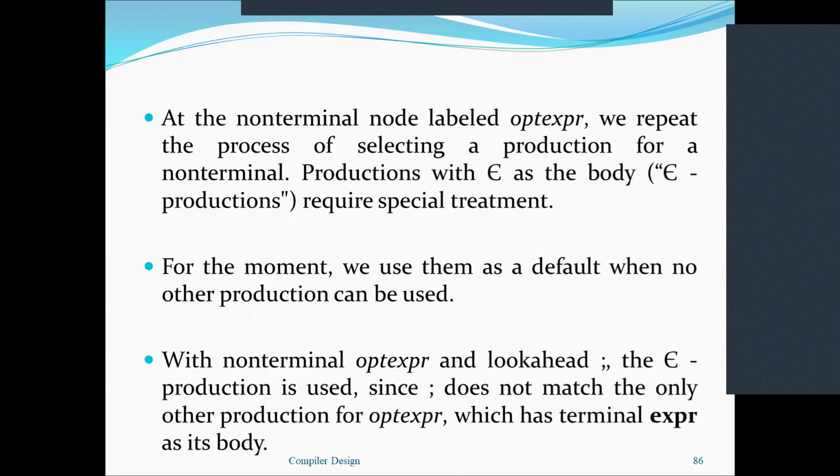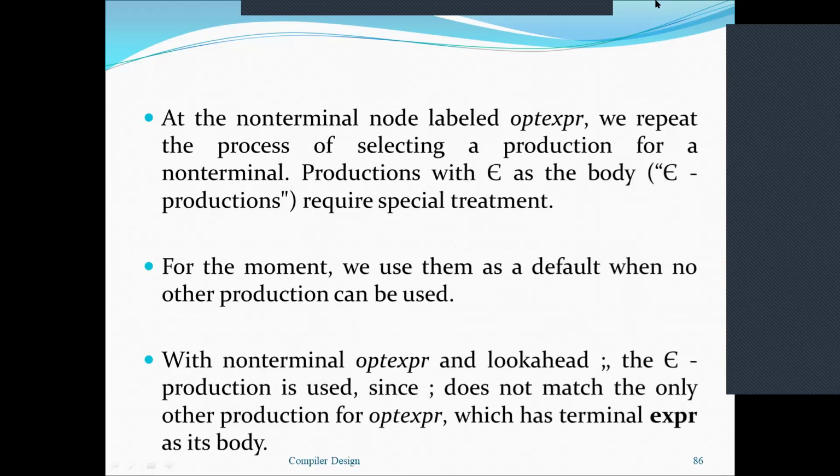non-terminal. And as I said, a production with epsilon or a null value as the body requires special treatment, meaning we don't have any element in the expression. So how can that be done? For the moment, we use them as a default when no other production can be used.